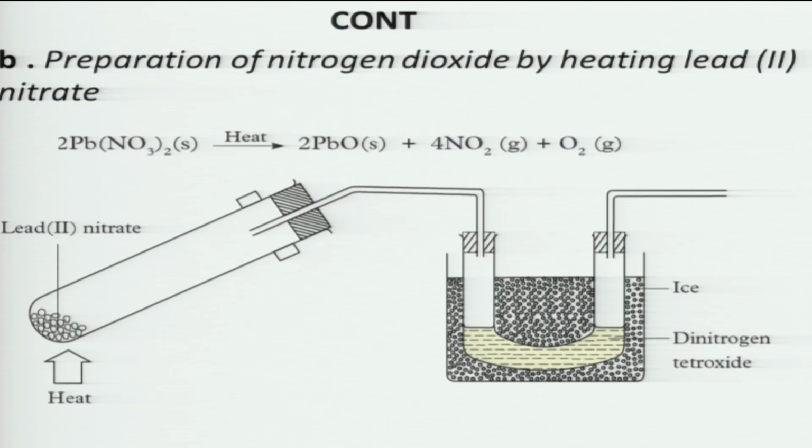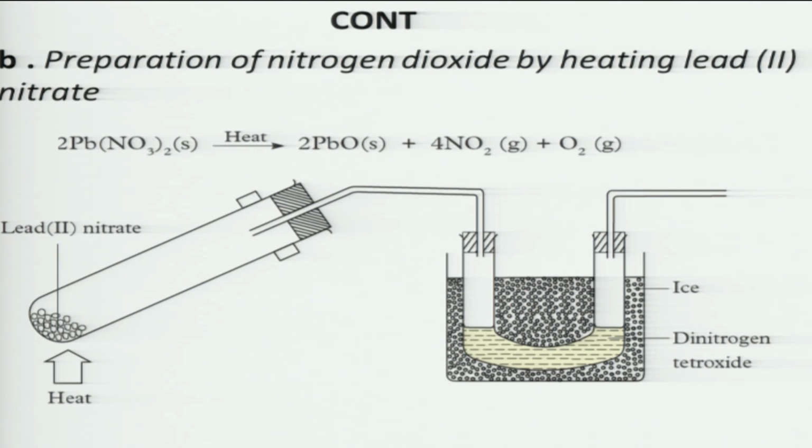Good. So another way of preparing nitrogen dioxide in the lab, we can prepare nitrogen dioxide also by heating lead-2 nitrate. All right? When we heat lead-2 nitrate, as the equation is there on the slide, we form lead oxide, nitrogen dioxide, and oxygen gas.